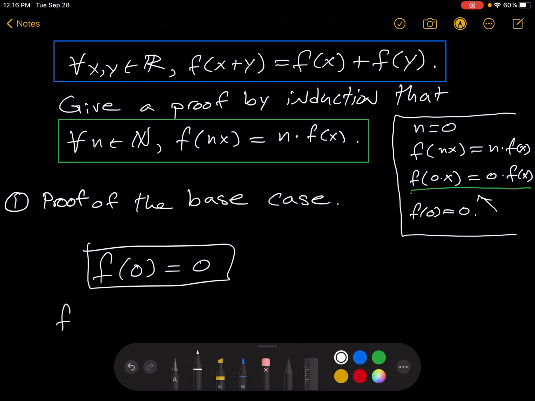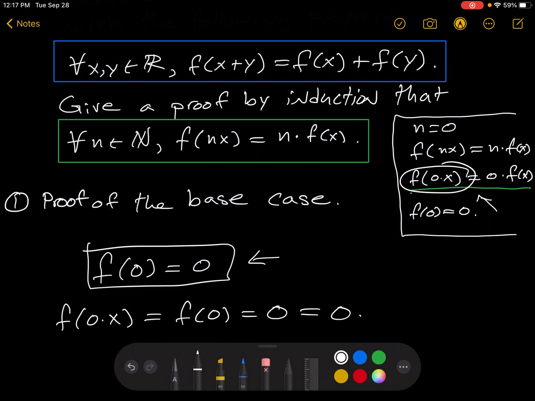Well, f of 0 times x, that's this part, is equal to, well, 0 times x we know is 0, so that's f of 0, which is 0. Now 0 is equal to 0 times anything, so 0 times f of x. So if we can establish that f of 0 equals 0, then the last line of our proof of the base case follows.